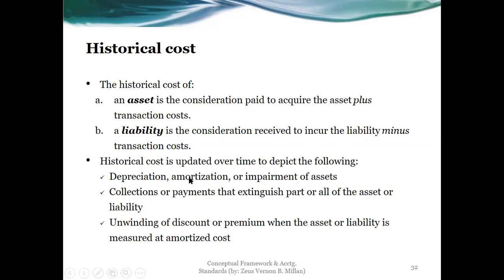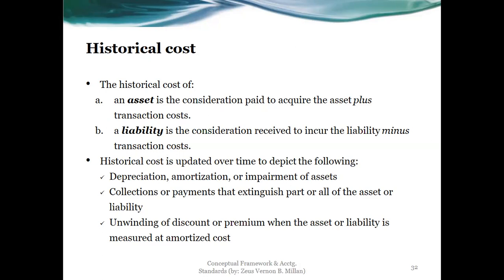So this would normally be the minuses, guys, if you are going to notice. Depreciation, which is the decrease of the value of a certain property, plant, and equipment item like building because its functional capability has diminished or decreased over time. So that is the systematic and rational allocation of the PPE.